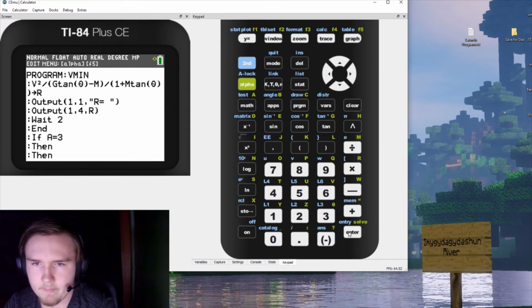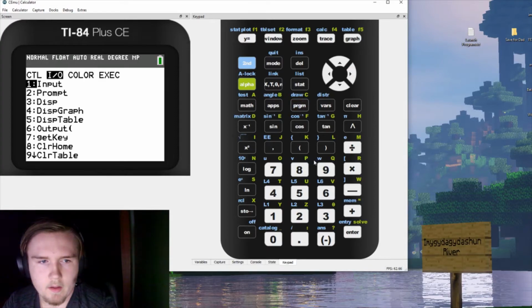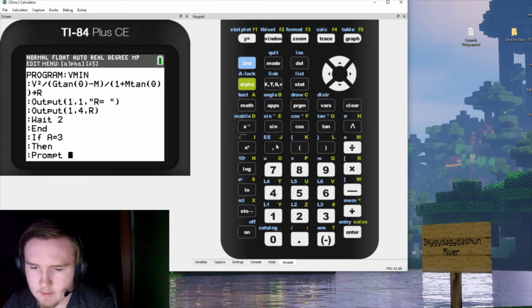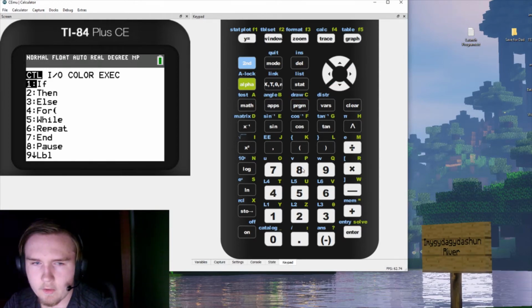then prompt V, R, and M. Enter. You're going to clear your home.